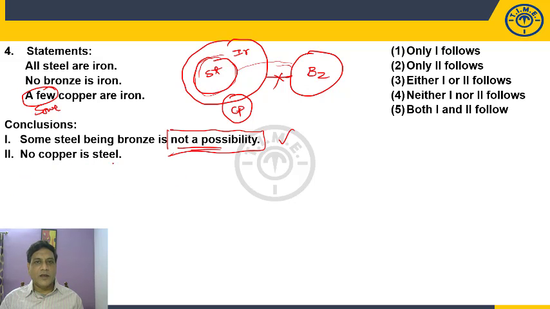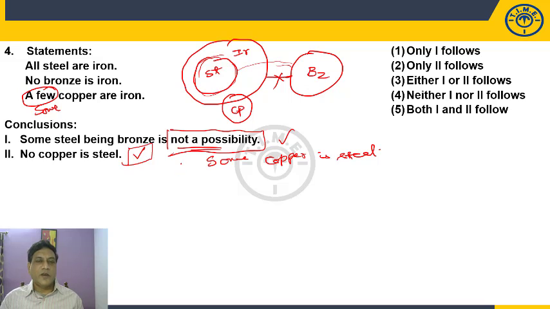No copper is steel. It says that no copper can be steel. It is true in the basic diagram. But when a negative is true in the basic diagram, we try to check in the alternative diagram. We try to prove the opposite of it. What is the opposite of it? Some copper is steel.